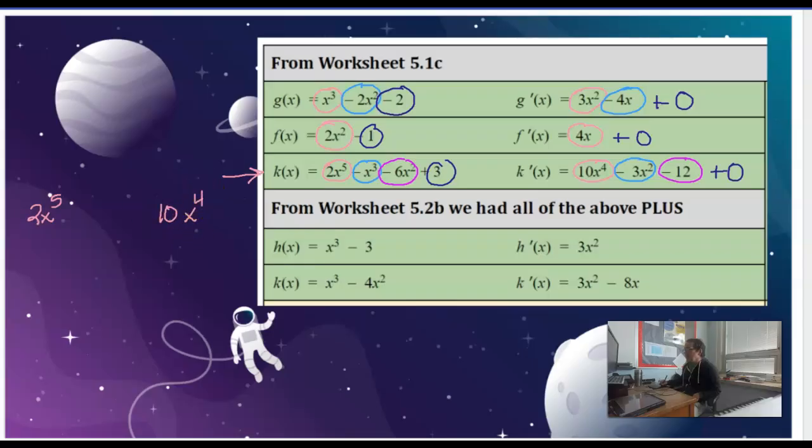And that's because if I were to multiply the power by the coefficient, 5 times 2, that gives me that brand new coefficient. And then of course, if I decrease this power by 1, that gives me the 4. So the power times the coefficient gives a new coefficient, and decrease the power by 1.